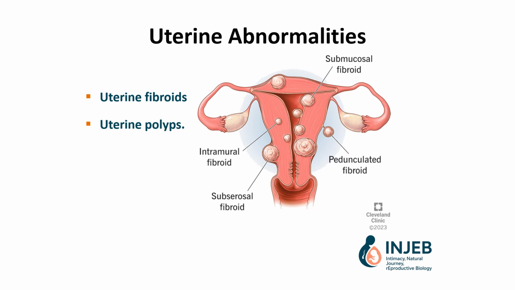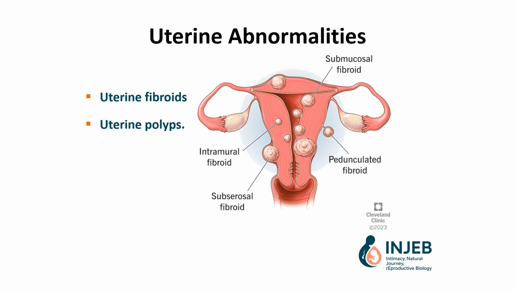Another cause of female infertility is uterine abnormalities, and here the main cause are uterine fibroids and polyps. Here we see that the uterine fibromas or fibroids can be in different shapes or forms and can take place in either the inner layer of the uterus, in the walls of the uterus, or outside the uterus.